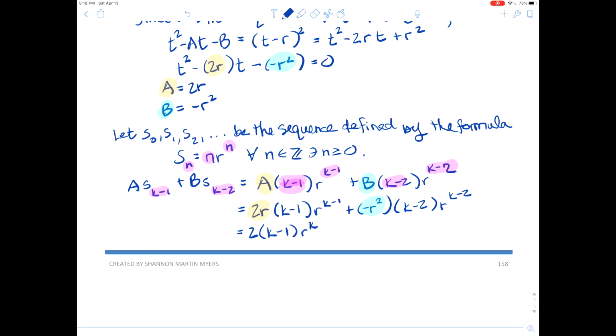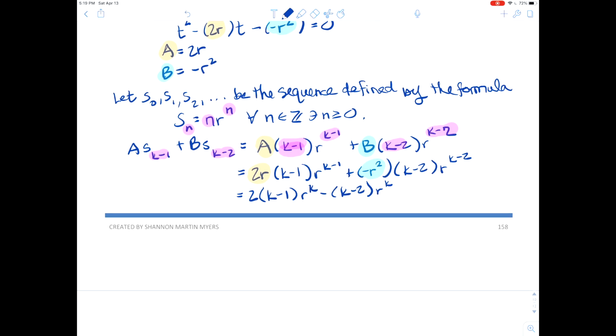And then we'll have what? Minus k minus 2 times r to the k. Good so far? Because r squared times r to the k minus 2 is r to the k. But what is that? I mean, if you factor out an r to the k, what would we have?